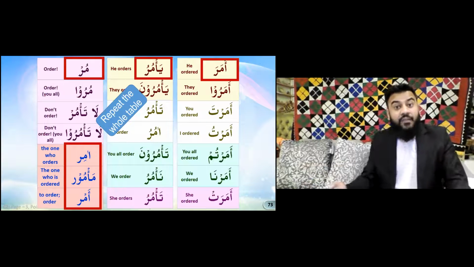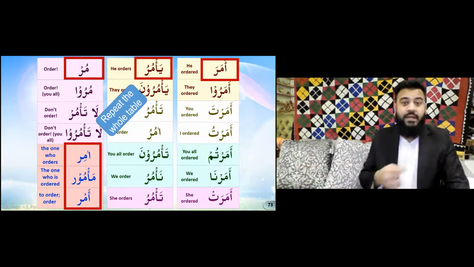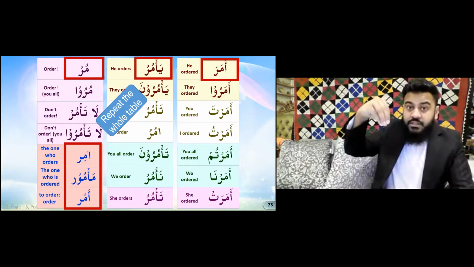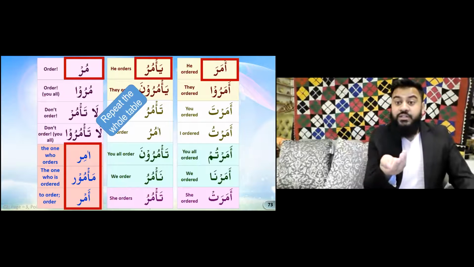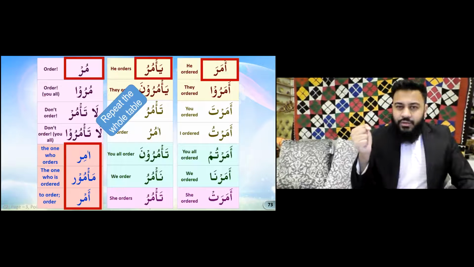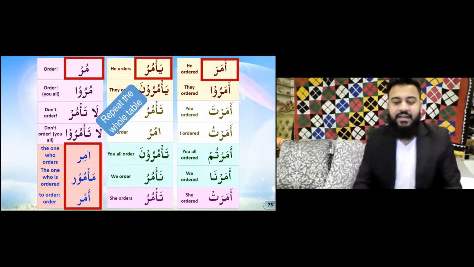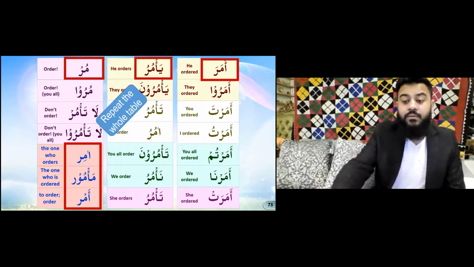And lastly now the nouns, and we'll be inshallah doing this one at a time. So if I were to say the one who orders, Amir, the one who is ordered, ma'mur, and to order, amr. Jazakallah khair. Alhamdulillah. And there you have it, 21 words and different variations of the word amar.